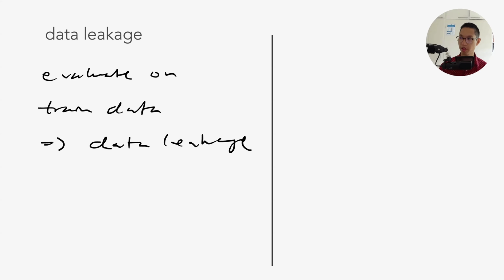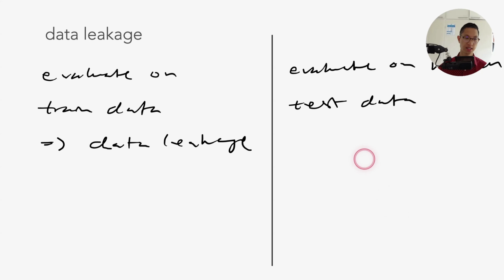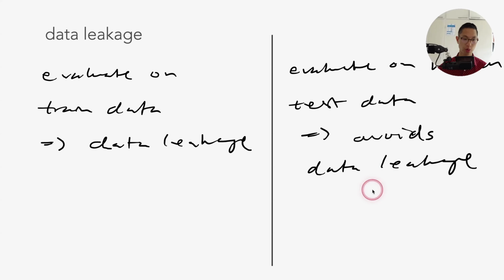That is wrong methodology because it will give you better results than the performance will actually be. What you want is to evaluate on unseen test data. This avoids data leakage.